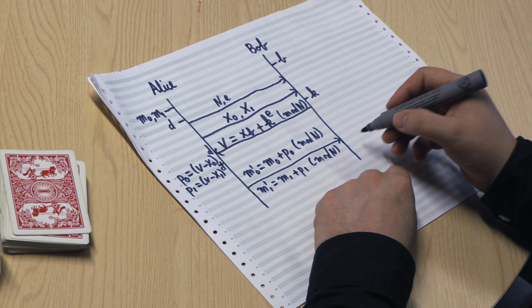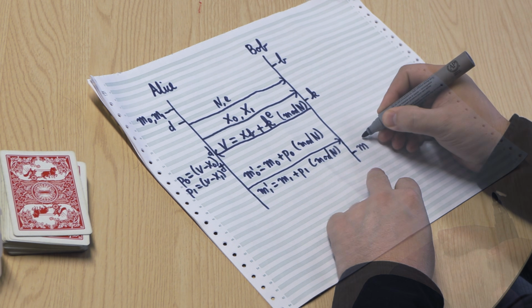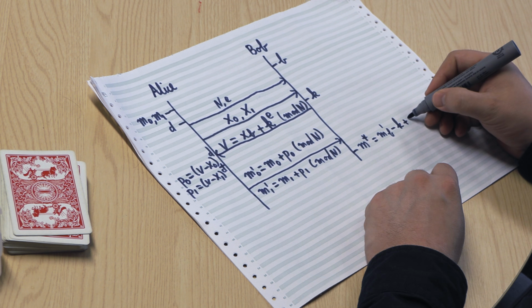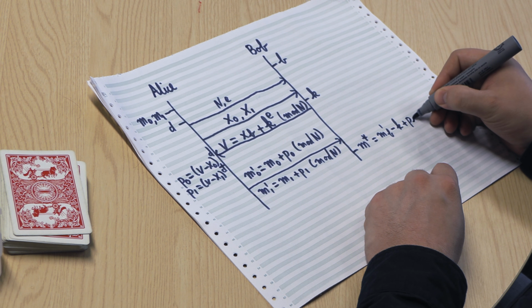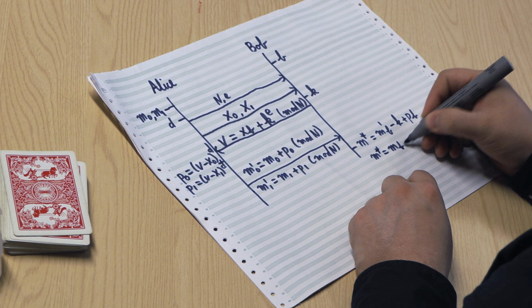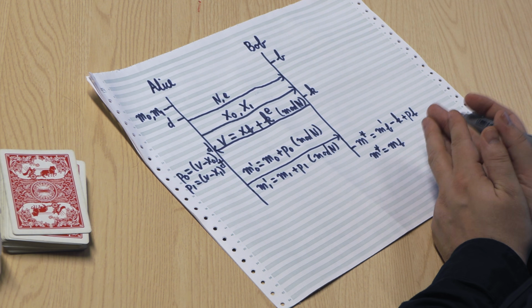And this allows Bob to then do the final step, which is to compute m star, which is equal to m prime of the bit he chose, minus k plus pb. And what it turns out is that this value m star is equal to mb. And that's exactly what we want, right? So Bob, at the end of the protocol, now knows mb.